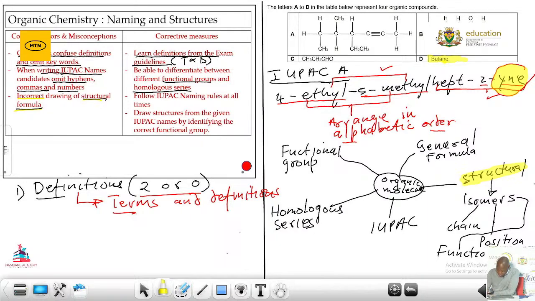The examiner can ask, give the IUPAC name of compound B, to which homologous series does compound B belong to, draw the functional group or give the name of the functional group of B, write the general formula. But because now when we check there, it is a ketone, does it have an isomer?